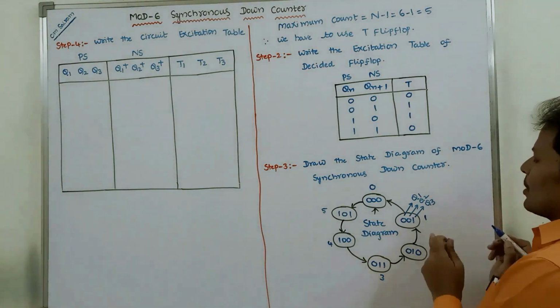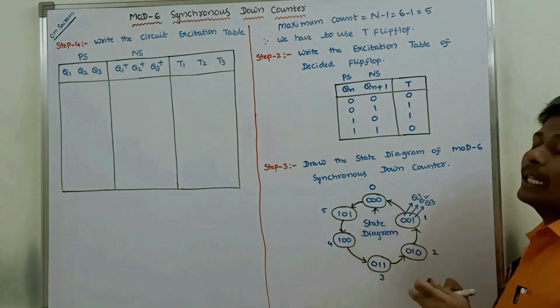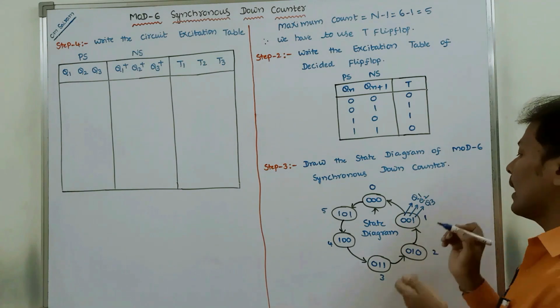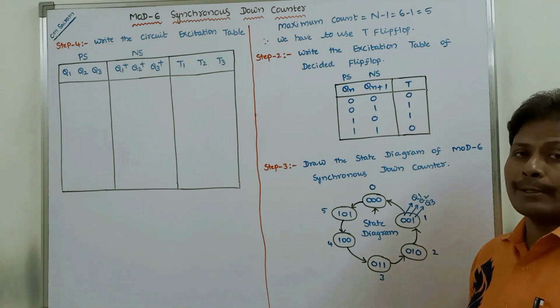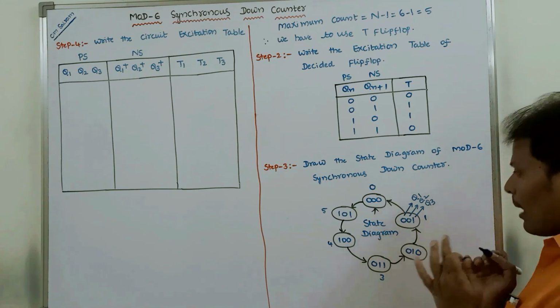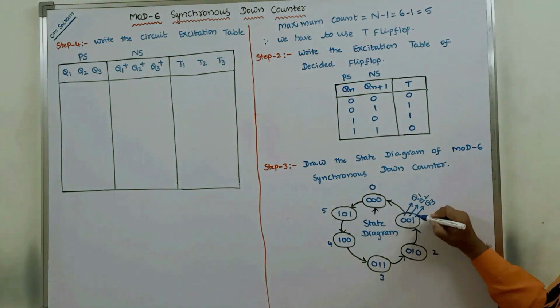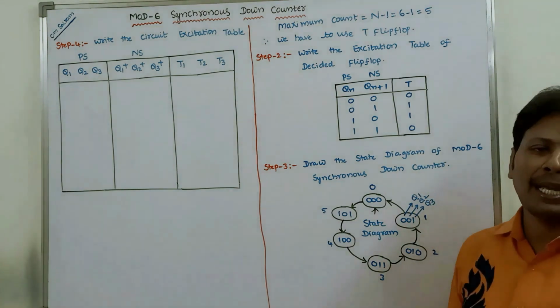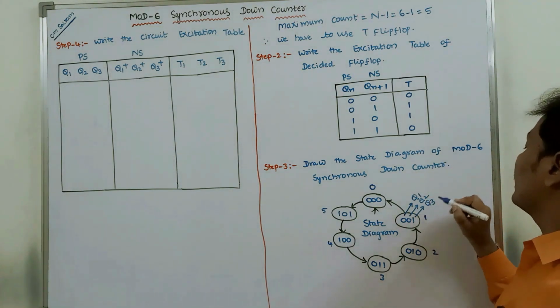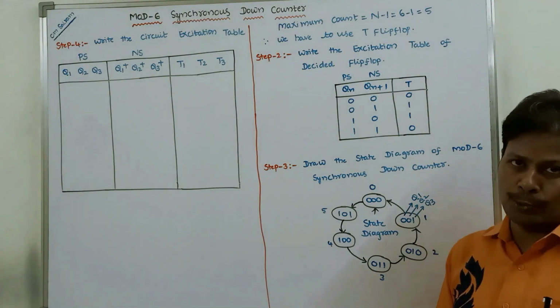As you wish, you can take the MSB bit as Q3 and the LSB bit as Q1. There is no problem at all. I am considering the LSB bit as Q3, the MSB bit as Q1, and the middle bit as Q2. Okay.